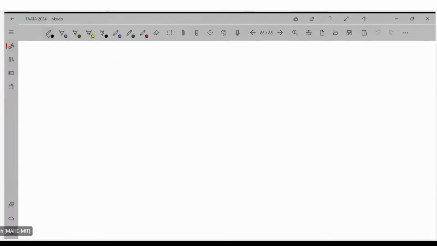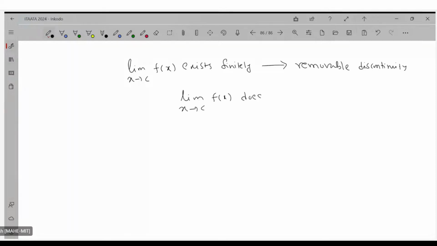So what is happening over here? Now we have limit x tends to c, f(x) exists finitely. In this case, you have only removable discontinuity. The second case is that limit x tends to c, f(x) does not exist finitely.